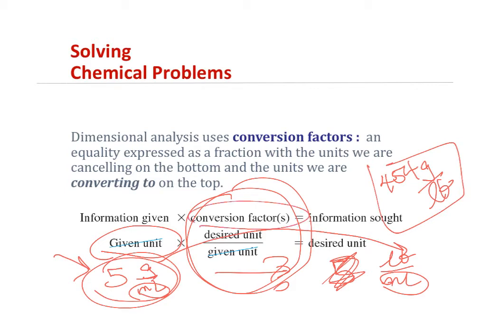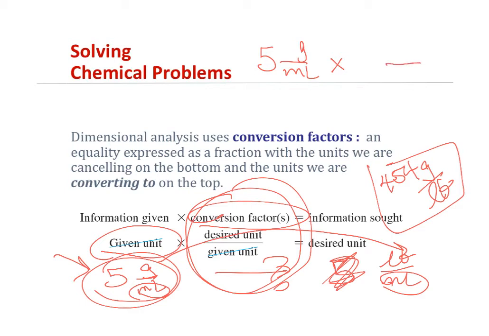So you're going to use that conversion factor to do the calculation, but you have to arrange that conversion factor in such a way that units cancel. So let me show you what I mean. 5 grams per milliliter. Now you remember the rules of algebra that things on a diagonal cancel.